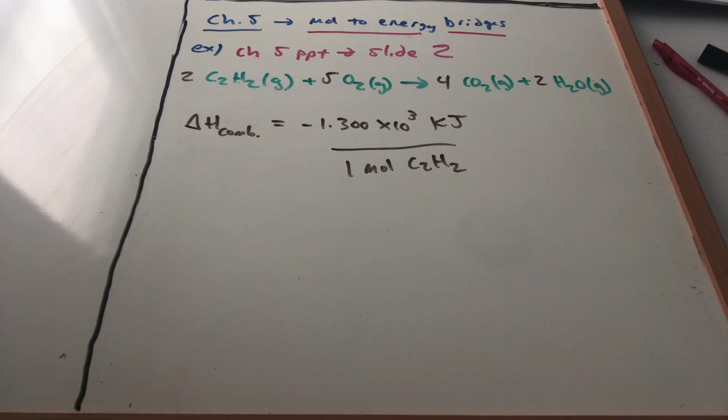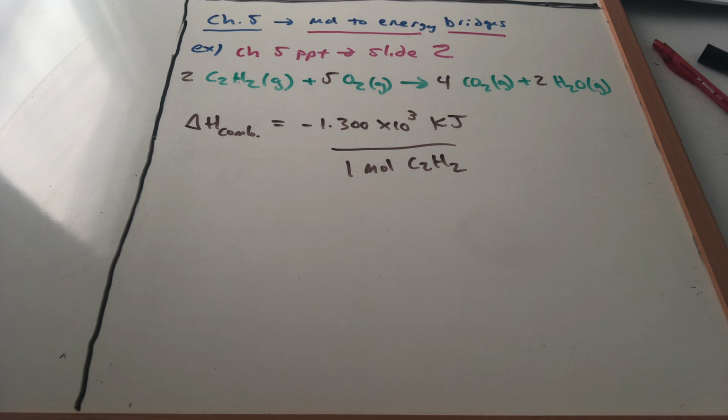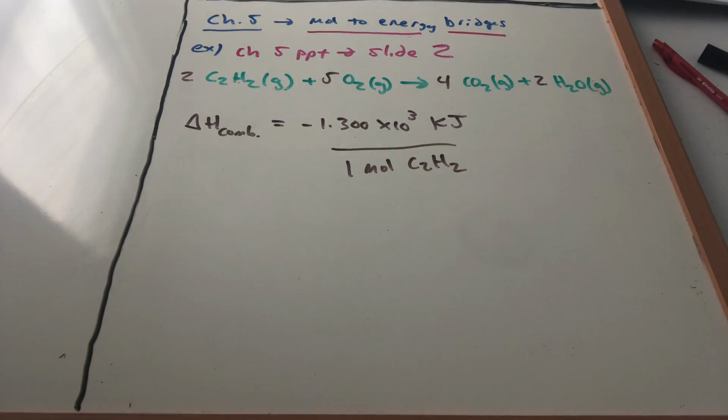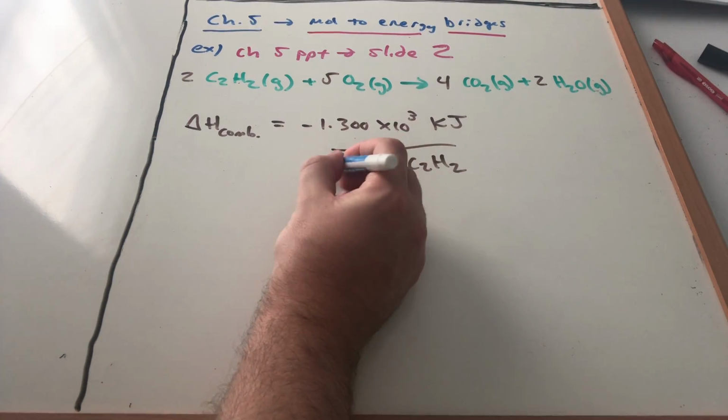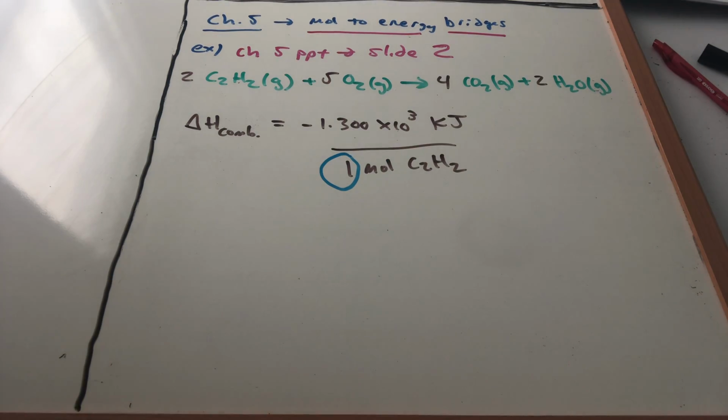But remember, right? These delta H's, we write them aside of this reaction. And then we build moles and energy bridges. Well, I see a big issue here. If Chem 101 and your book give you this delta H of combustion per 1 mole of acetylene, this would not be the number we would write next to this reaction.